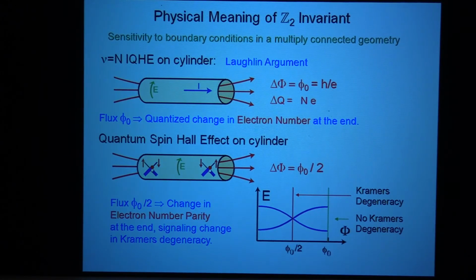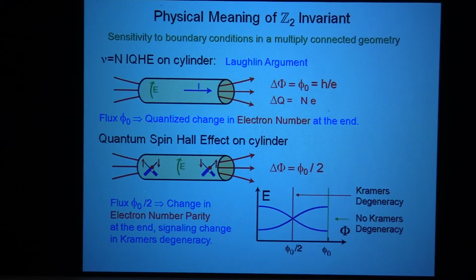Okay? So let's think about what happens if I thread a flux of h over 2e. Now, of course, I break time reversal symmetry in between, but at the beginning and at the end, I have time reversal symmetry, which means I have Kramers' theorem. And now I want to think of Kramers' theorem.